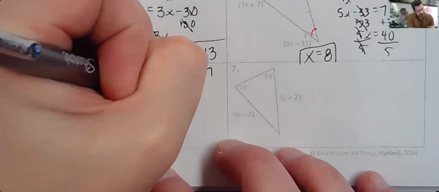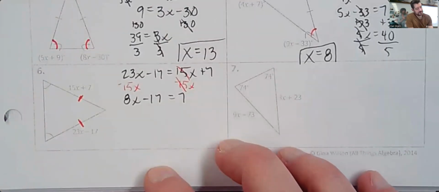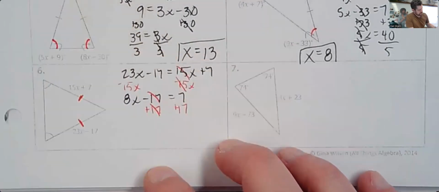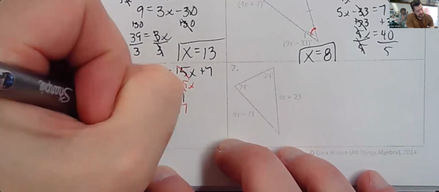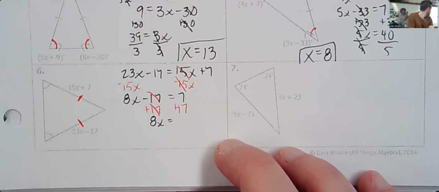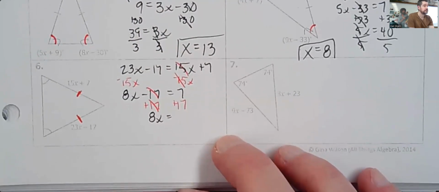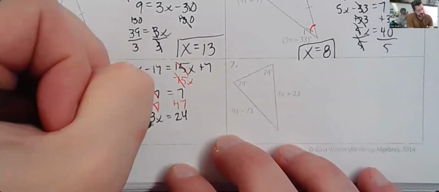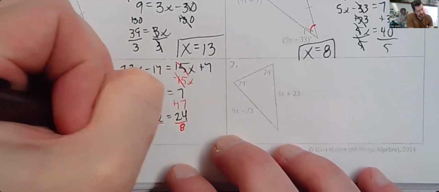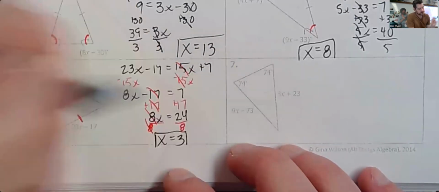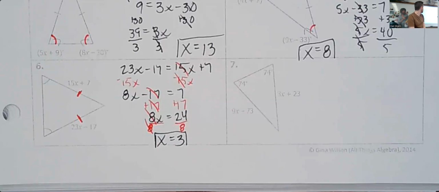So 8x minus 17 equals 7. Add 17 to both sides. What's 17 plus 7? 24 divided by 8. X equals 3. Good. So number 6, x is 3.